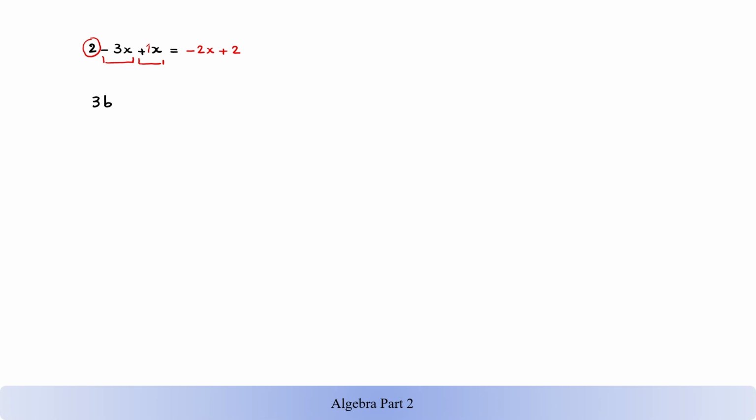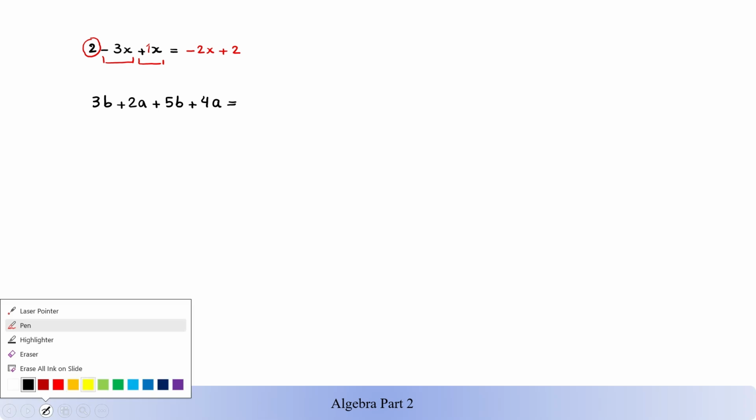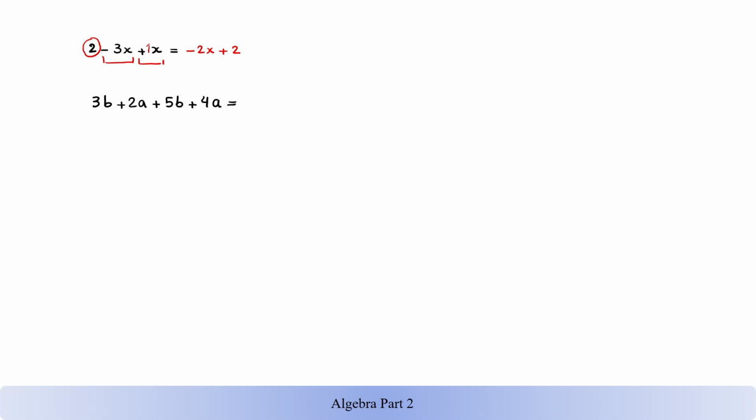Take a look at this one. 3b plus 2a plus 5b plus 4a. When you want to solve this question, first of all, check the like terms. Like terms are these two together and then these two together.